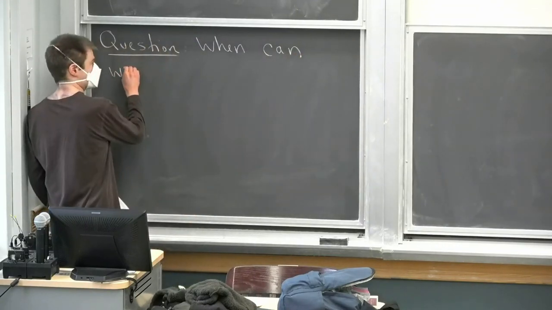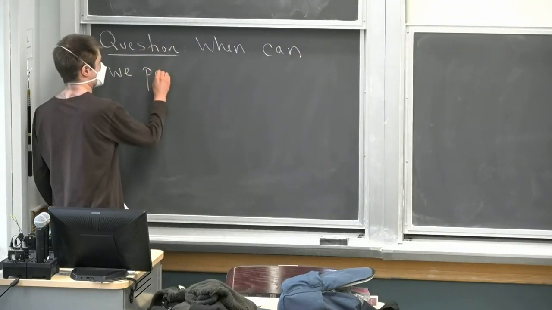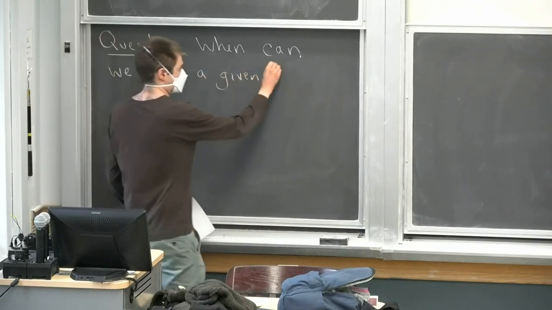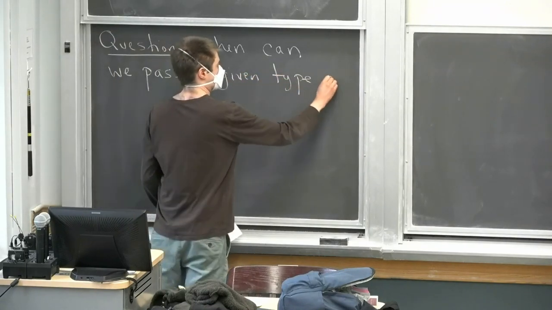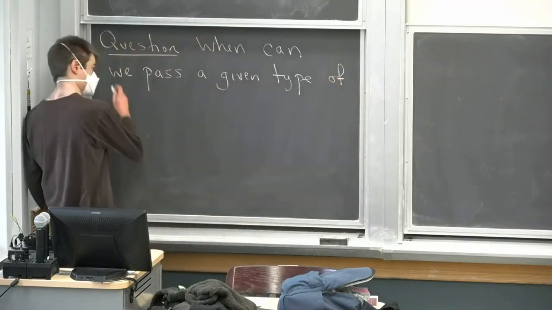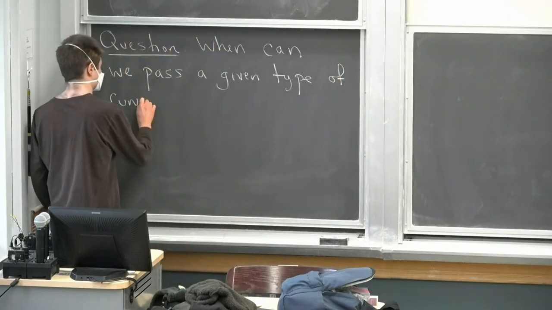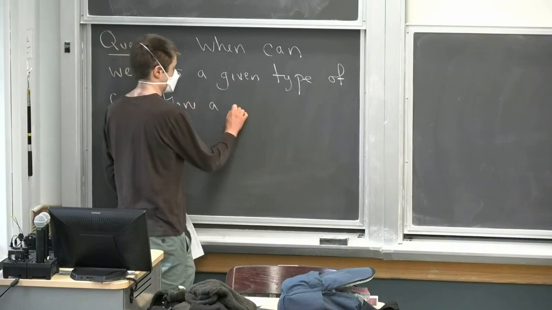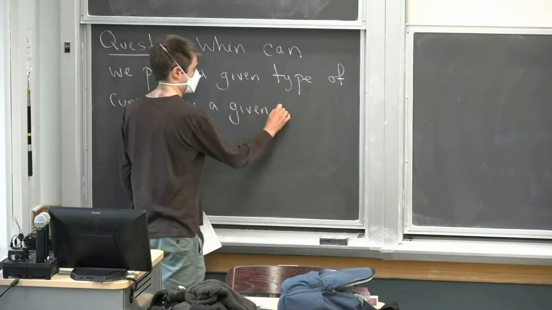is when can we pass a given type of curve through a given number of general points.